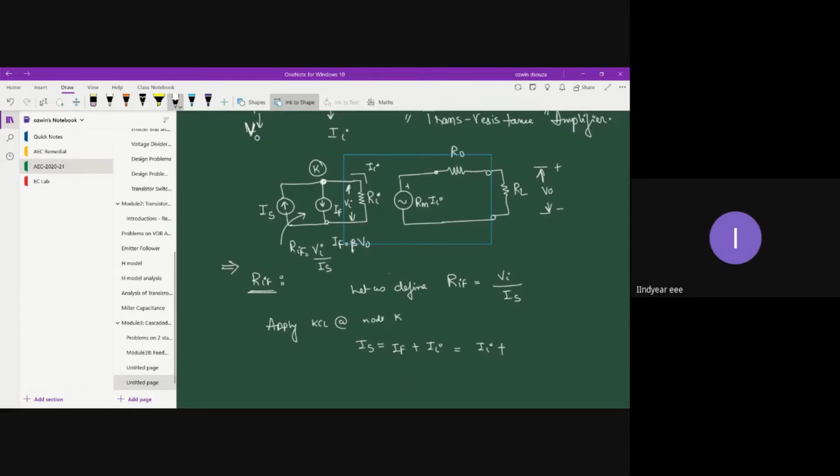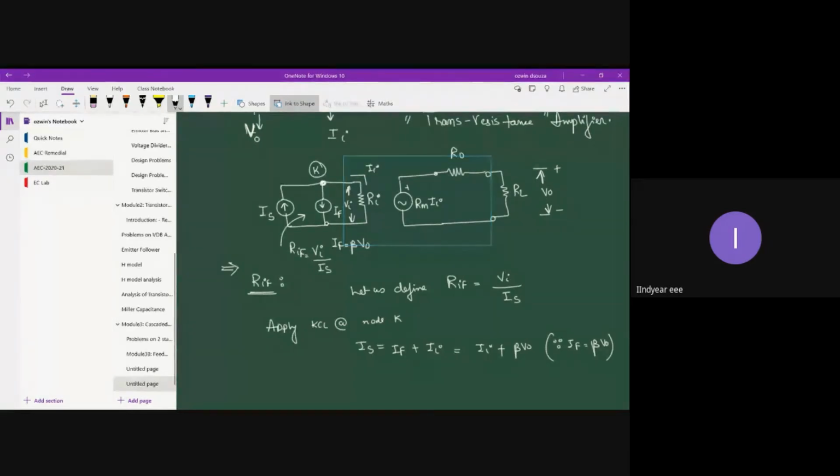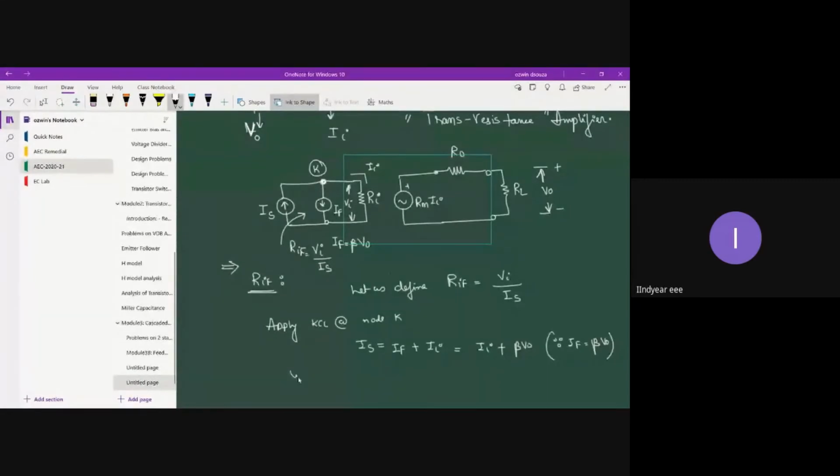Okay, what is If? If is beta into V0, where If is equal to beta into V0. Because on the output side, you have the voltage signal. So your feedback signal should be proportional to the output voltage.